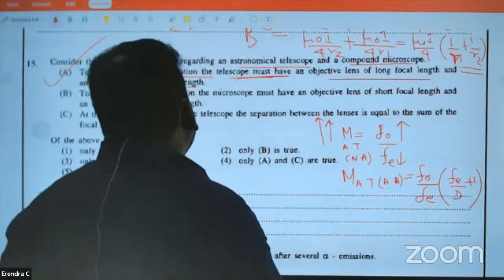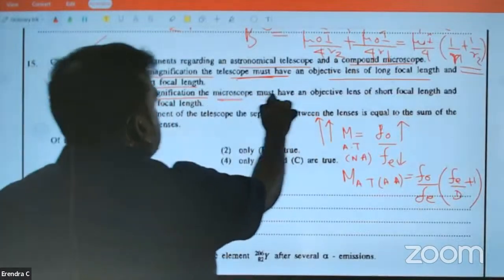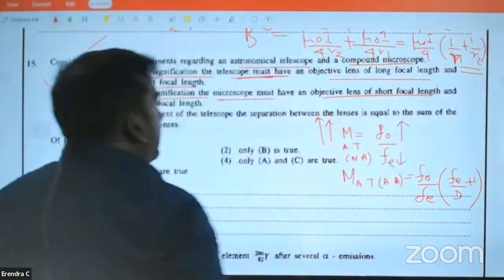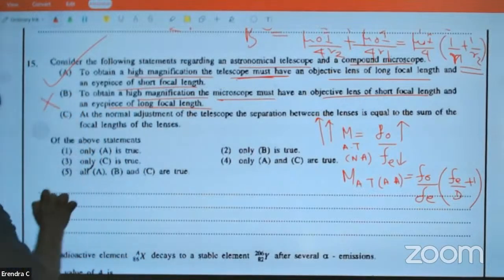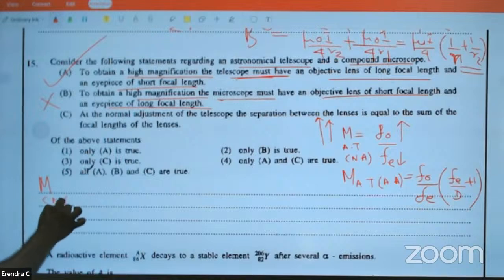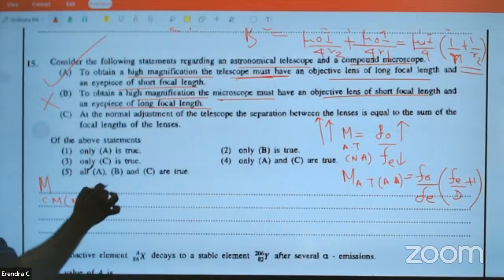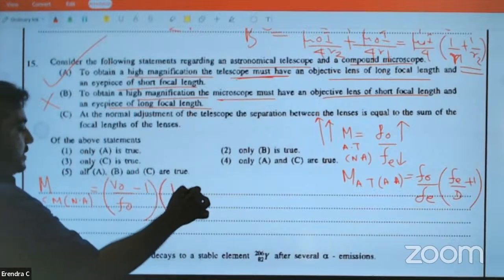This is for astronomical telescope. To obtain higher magnification, the microscope must have objective of shorter focal length and eyepiece of longer focal length. This is wrong. Reason, magnification, compound microscope, normal adjustment. I'm sure by now you should know. V naught over F naught minus 1, times 1 plus D over Fe.